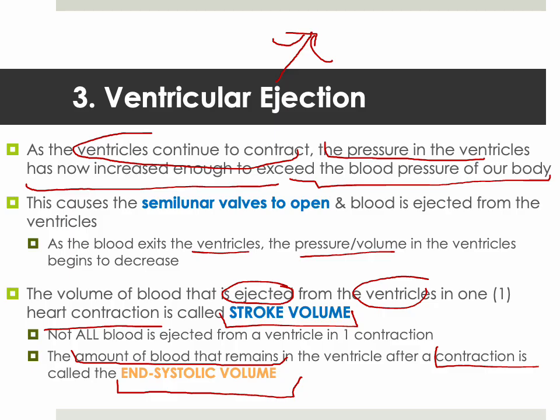Sorry guys, I was choking a little bit. So in that contraction, the amount of blood going out of the ventricles is called stroke volume. The resting amount of blood left in those ventricles is known as end systolic volume. Okay?